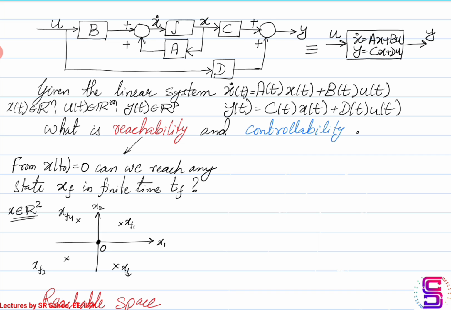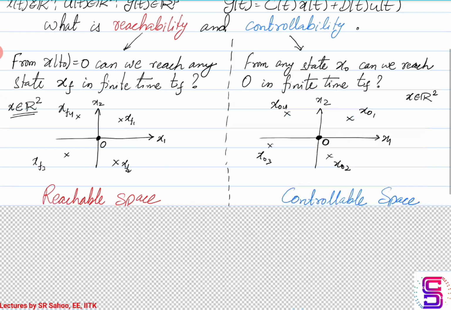So whatever admissible continuous time inputs that you can consider for this system, once they are applied, at tf we'll see through which points or through which states the trajectories are passing, and those states are something that we say can be reached once you start from the origin.